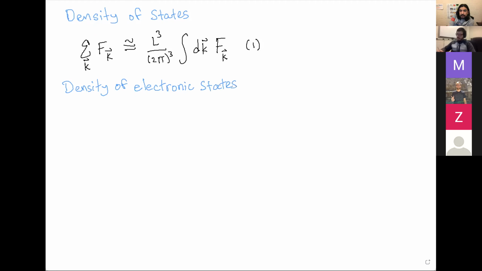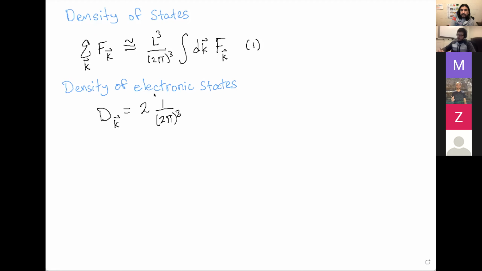This one is given by this D function that depends on k, and is given by the 2 for spin up and spin down, the degeneracy of the system. And then 2 pi cubed, the cube is for the dimensionality.